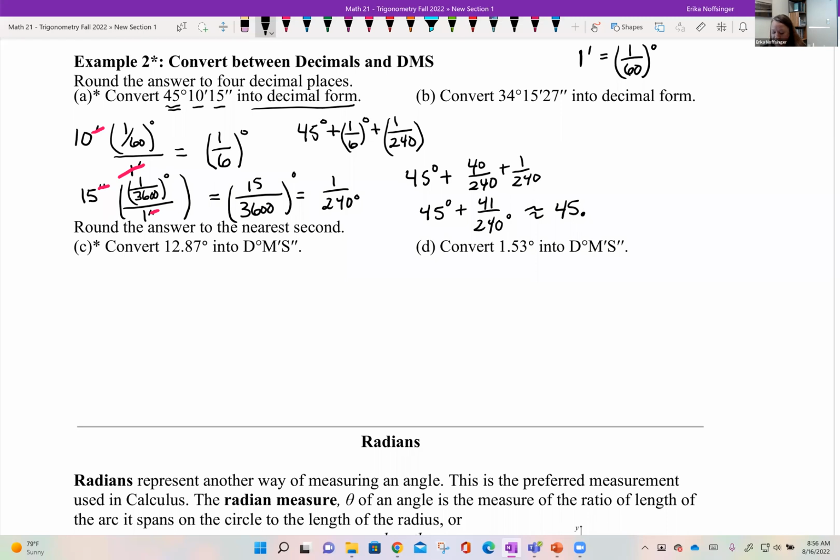So going out 4 spots, 1708. 3 with a bar over it, that 3 is going to keep that 8 the same. So this is approximately 45.1708 degrees. Is the same thing as 45 degrees, 10 minutes, and 15 seconds.